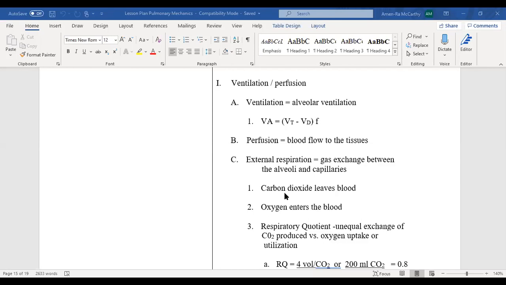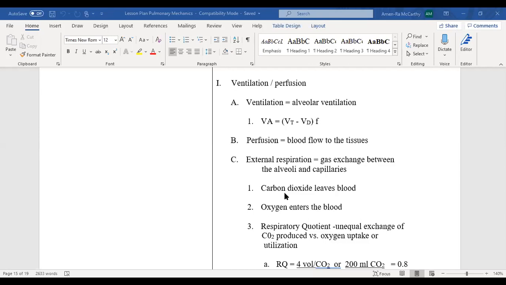Now, the oxygen inside the capillary on the deoxygenated side is about, I think, 25 millimeters of mercury. Now, tell me this. This is the physics we talked about.